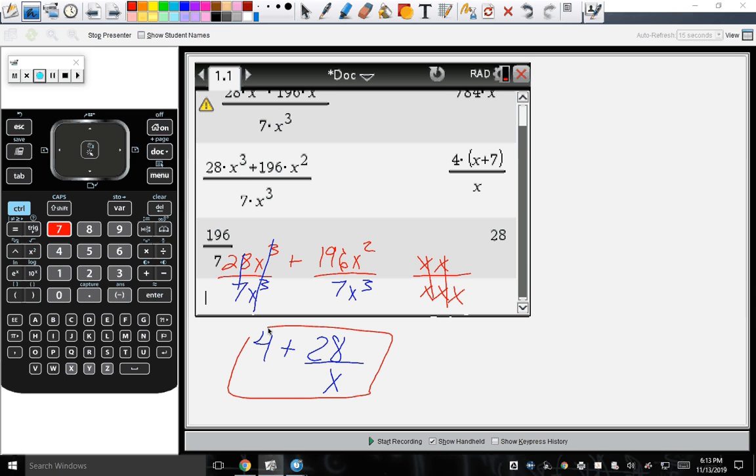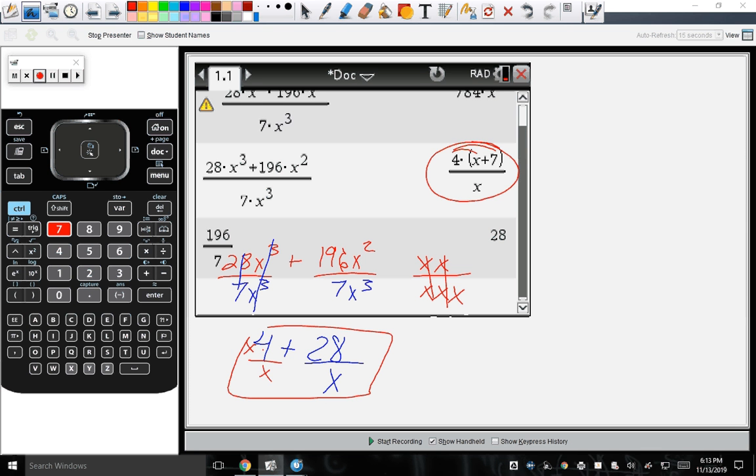Okay? And what you see here is that they've combined it. The calculator automatically combines it to one fraction because they have a common denominator right here. So the common denominator is x. So it'd be 4x plus 28, which is what that would be if you distributed it out.